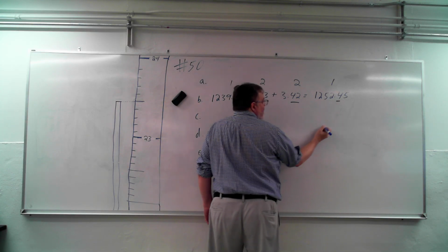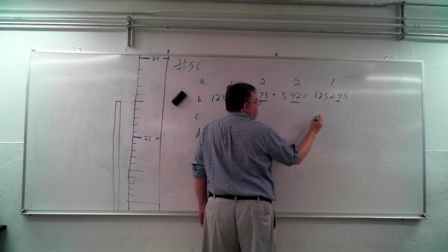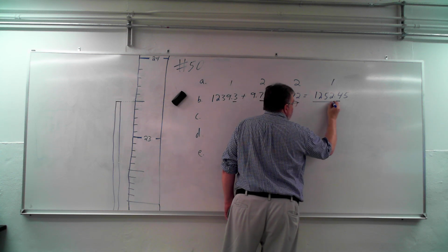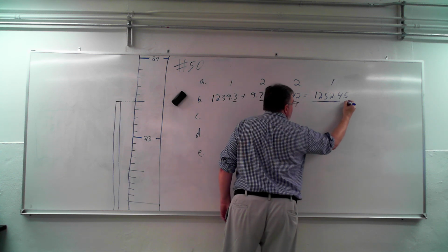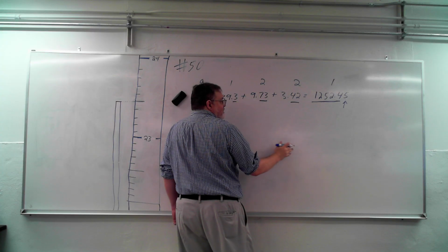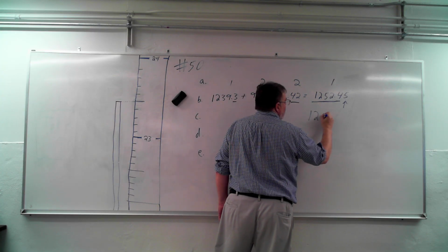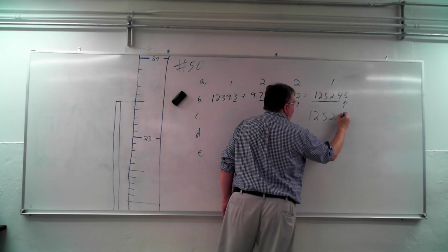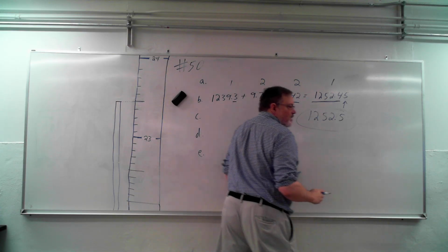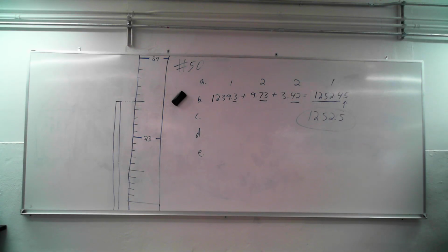So that's going to be my last digit place. So it's those that I'm keeping. I look at the 5, it does round up, so 1, 2, 5, 2, 5. That's the answer. 50B: 1252.5.